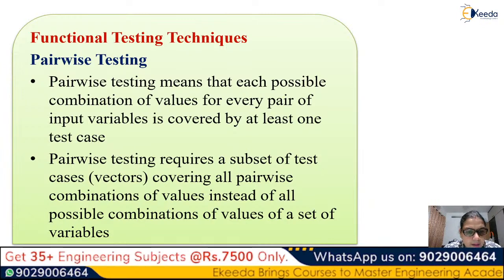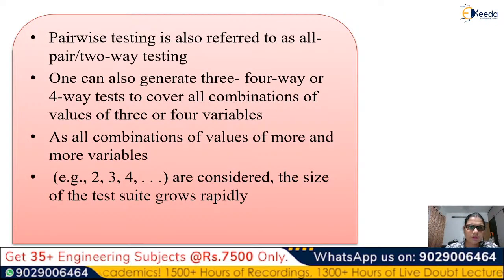So pairwise testing requires a subset of test case vectors covering all pairwise combinations of values instead of all possible combinations of values of a set. The pairwise approach is also referred to as two-way testing or all-pair testing. One can generate three-way or four-way testing to uncover all combinations of values. More and more variables can come up, correct?